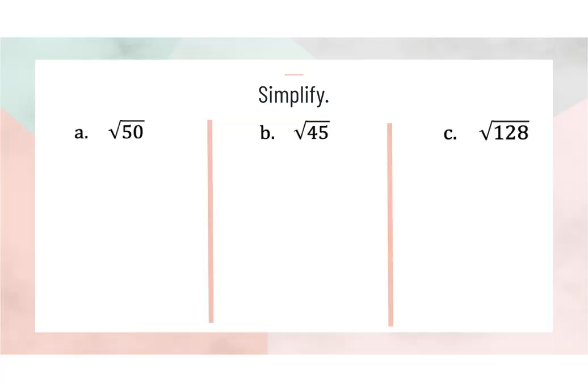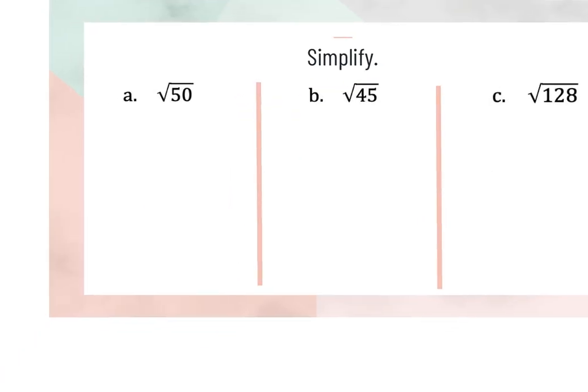So you have to make sure no number underneath the square root has a perfect square and there are no radicals in the denominator. When I simplify the square root of 50, I can do this a couple different ways. I would love if you recognized right away that that is the square root of 25 and the square root of 2, so my answer is 5 square root of 2. If you didn't recognize that right away, you're not necessarily in trouble.